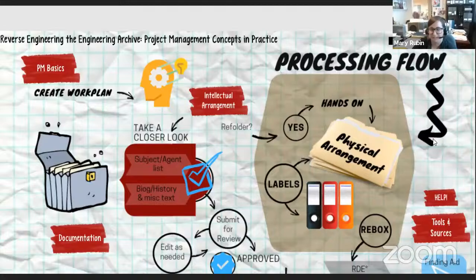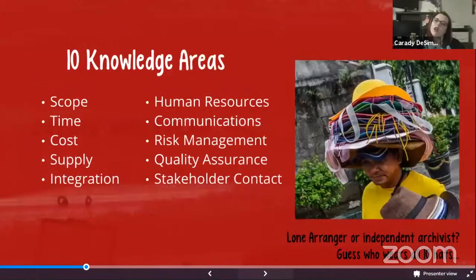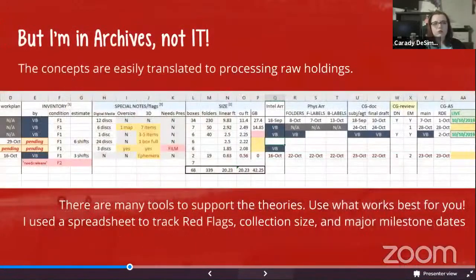Any other questions? Was the Excel spreadsheet part of the poster? So the Excel spreadsheet is not on the SFA website, if that is the question. Carady, is that something that you would be able to provide? The Excel? I might be able to.